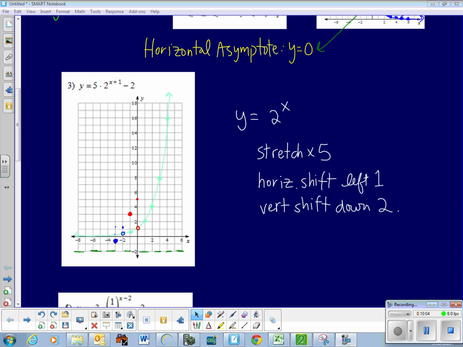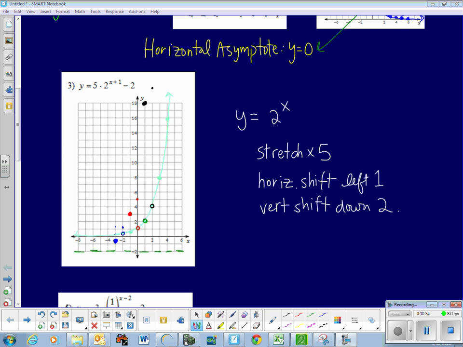Okay, so now I'll do a black dot. Let's take the original dot that was here at 2, 4. Height of 4 times 5 gives me a height of 20. So that's a huge increase, and that would take me up to about here, up off the top. And then a left 1 and a down 2 should take me to right there. And one more. Let me do this point, 2.